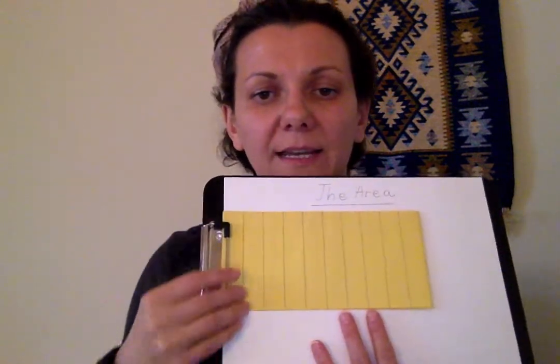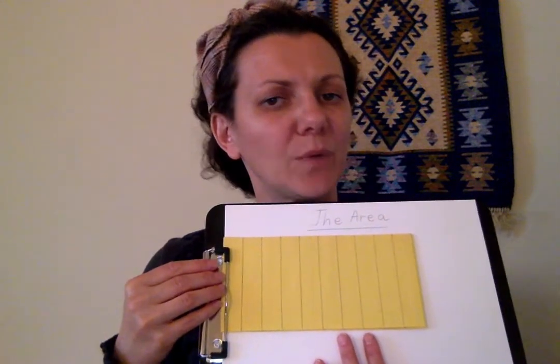Can this help me figure out the area of my rectangle? Let's go forward. How about if I mark the vertical lines and I mark the 10 sections of the rectangle? What do you think?